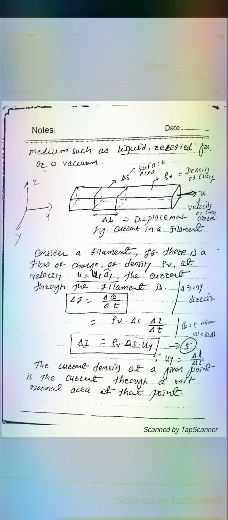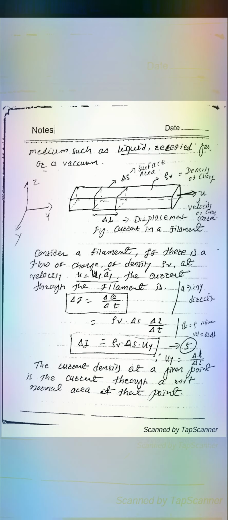This is the small amount of current passing through the specified area delta S. Delta q is the charge passing through an area per unit time, which is said to be current. We know that delta q is equal to rho v into delta S into delta L.